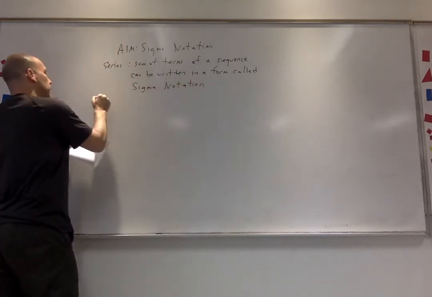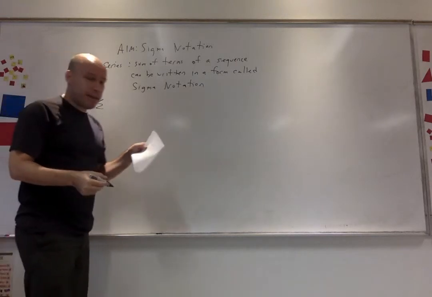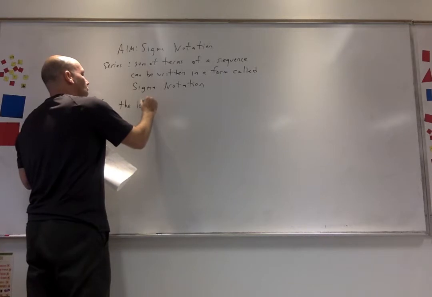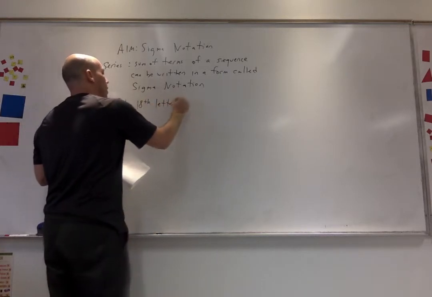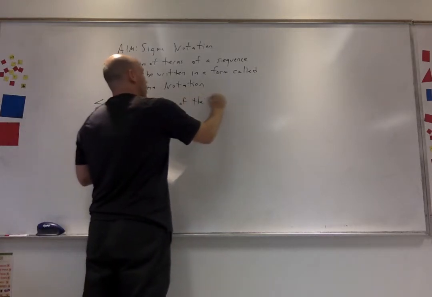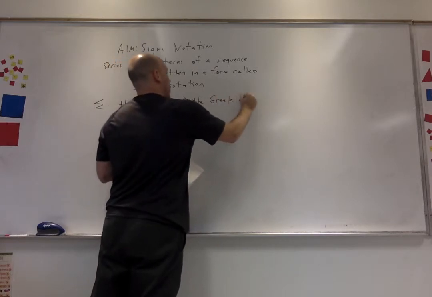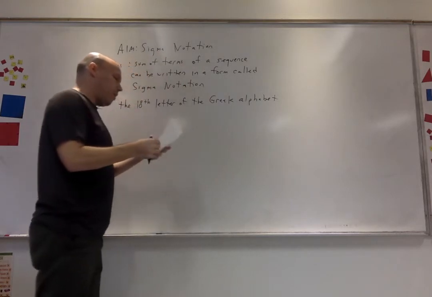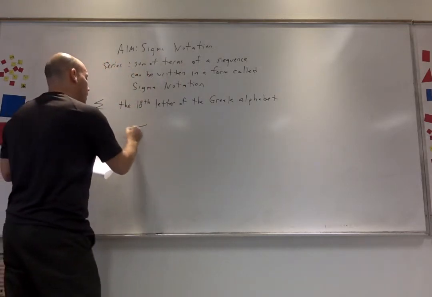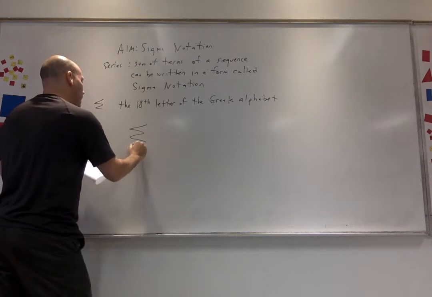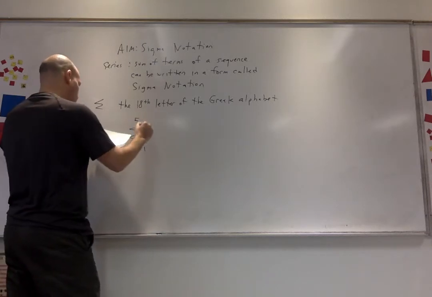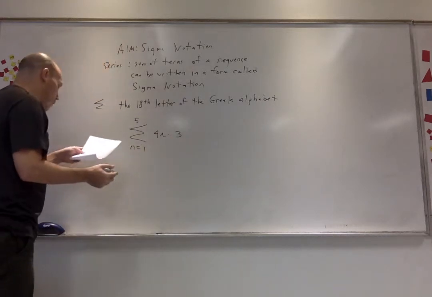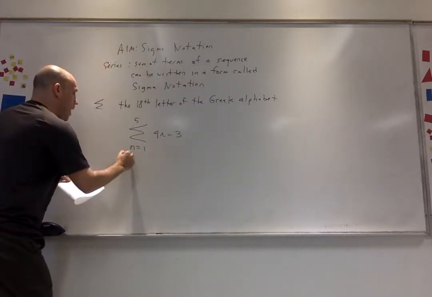Okay, the symbol sigma is the 18th letter of the Greek alphabet. It looks something like this. You would see sigma, n equals 1 up to 5 of 4n minus 3. So we have a couple of things here. The first thing is this n.